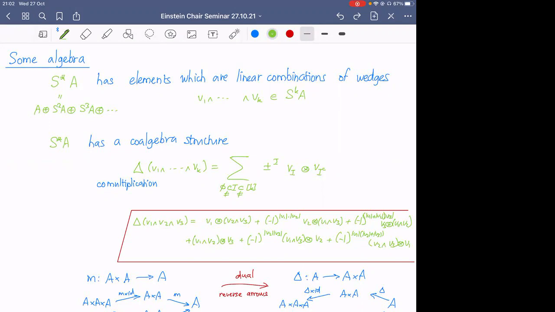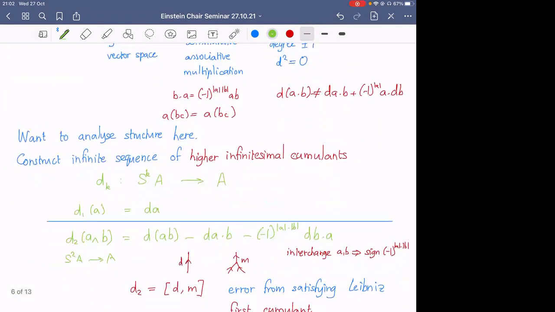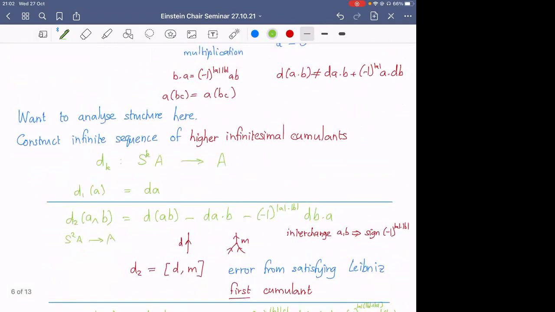And so this would be a sum over all permutations with the appropriate sign. And the sign here depends on the grading of V1 to Vk.